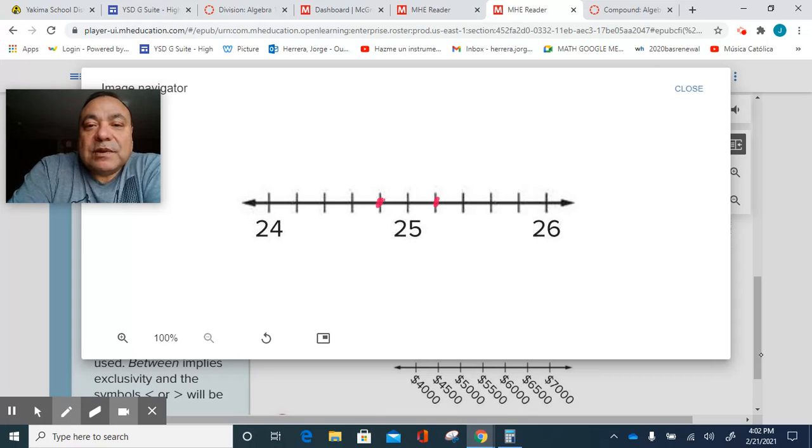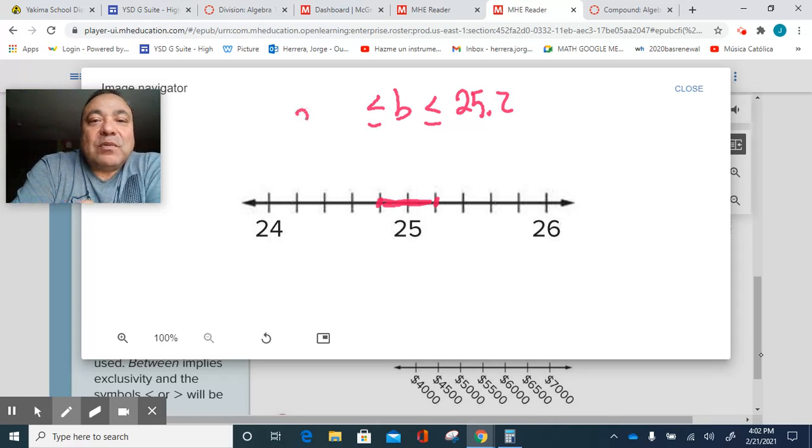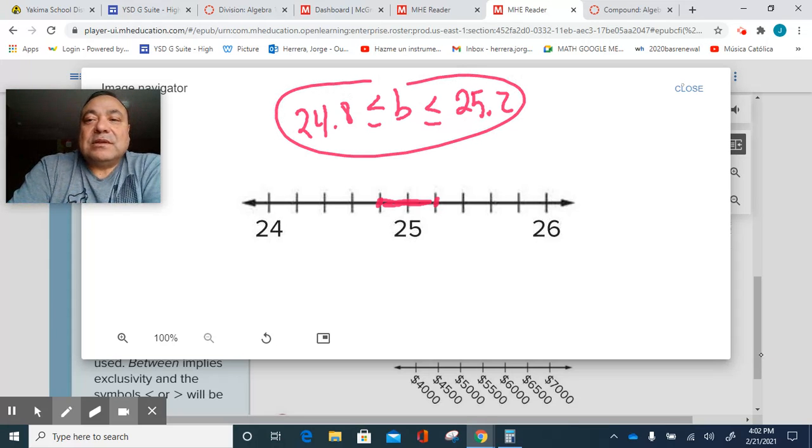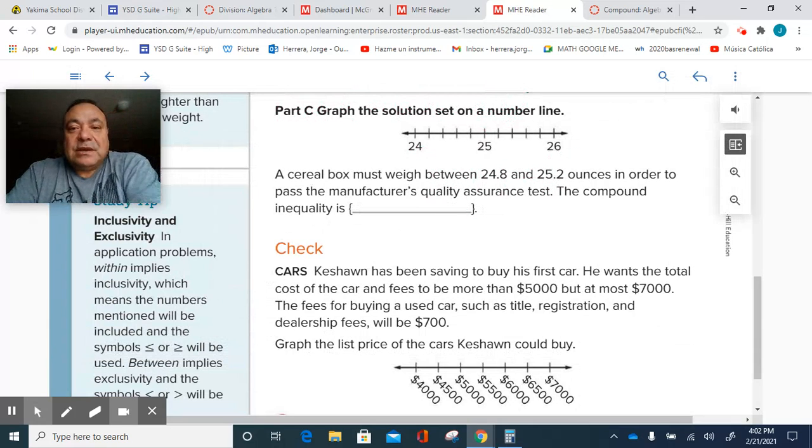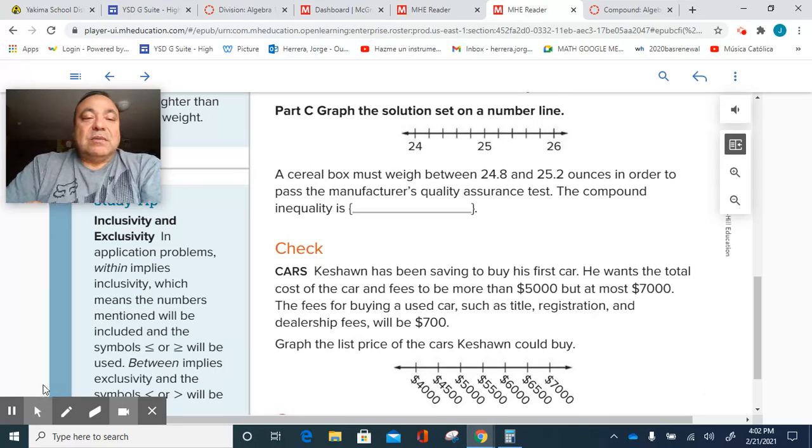So the answer should be right about there, where b is less than or equal to 25.2, but greater than or equal to 24.8. Ta-da! Then we close that puppy up. And we can try another problem like that, guys, and it will work for us, okay? Sorry about the mess.